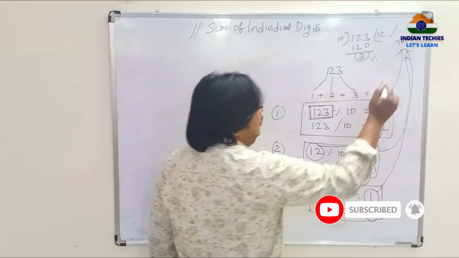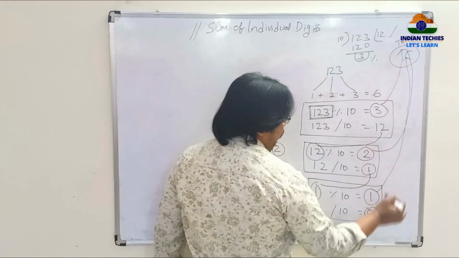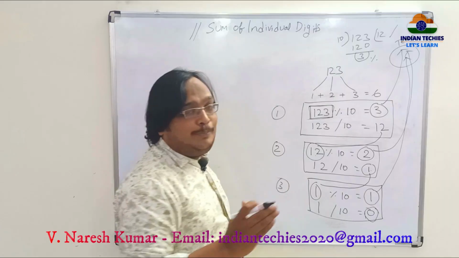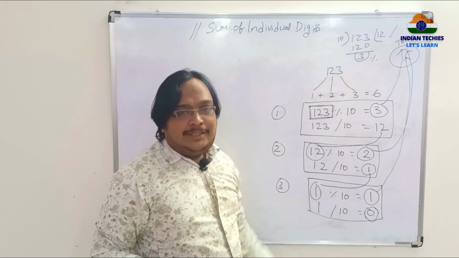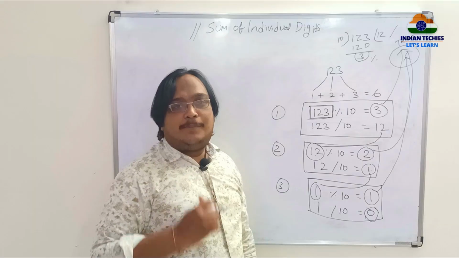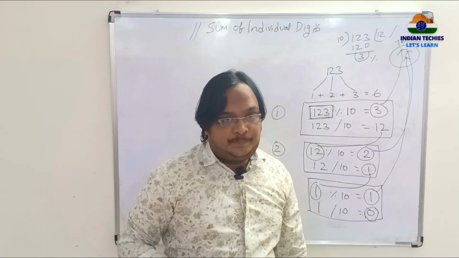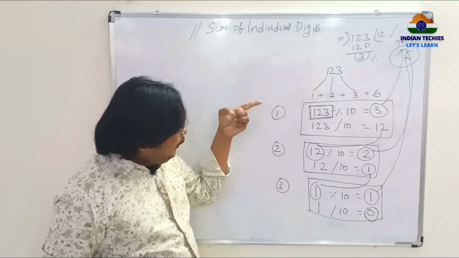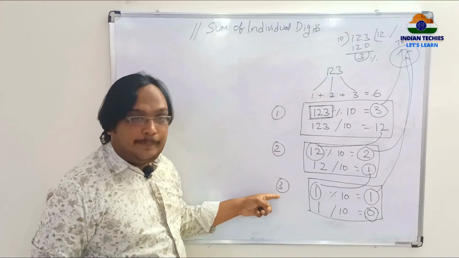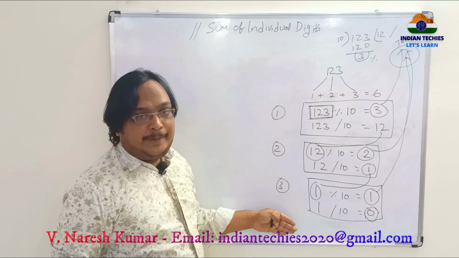And check the value that is in the temporary variable. First you added 3, next 2, next 1. So 3 plus 2 plus 1, the value is 6. So you will display that temporary value, and this is how the sum of individual digits is calculated. Now, since the number of digits is 3, you got 1, 2, 3 repetitions. If you have 4 digits, you will get 4 repetitions.